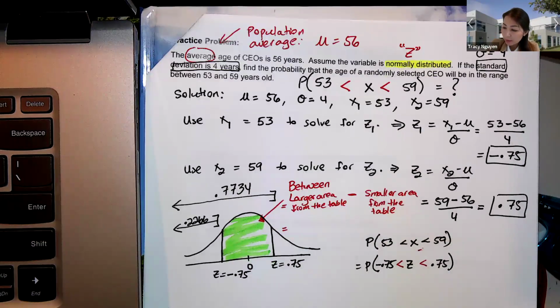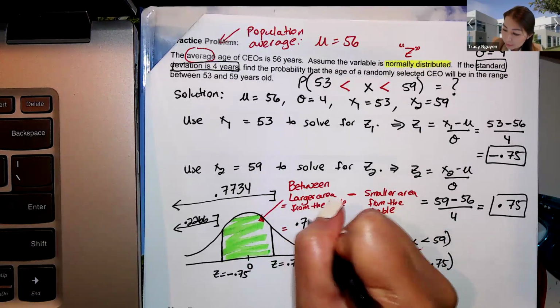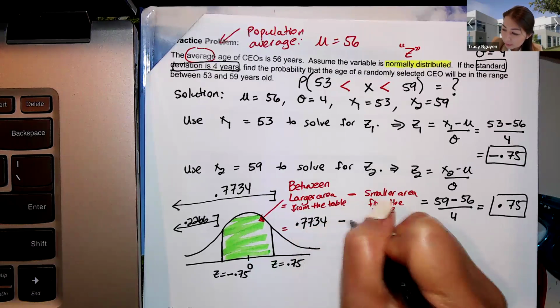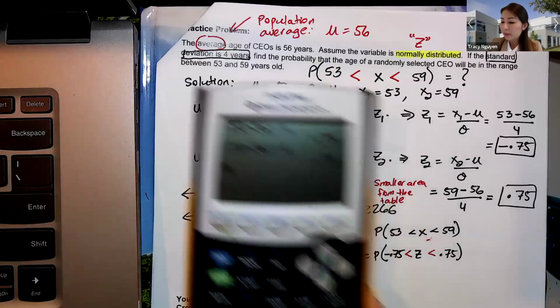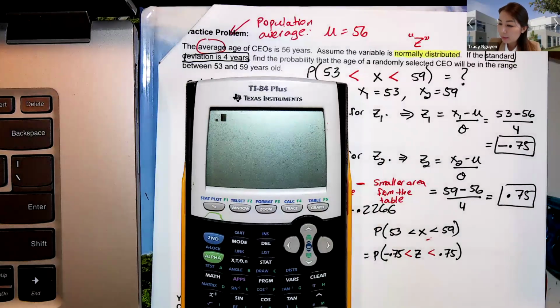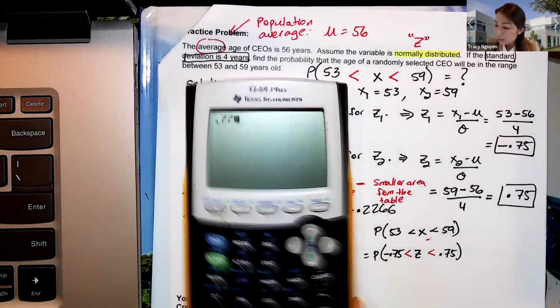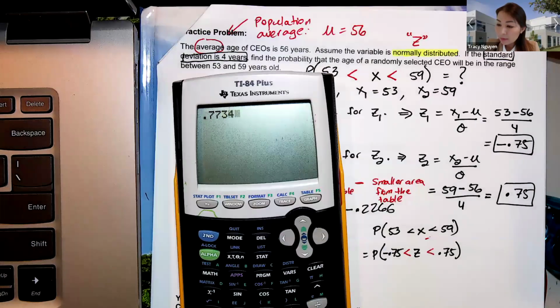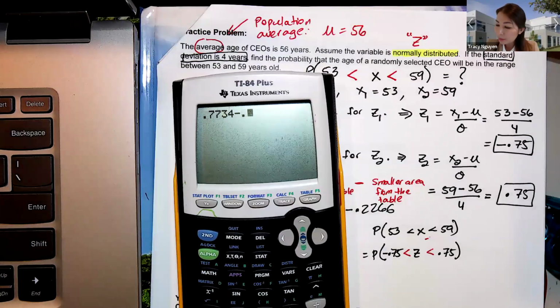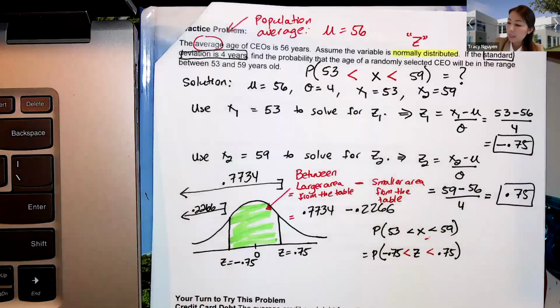Let me get to black pen. 0.7734 minus 0.2266. And let's find out what we get for the result here. So 0.7734 minus 0.2266, which we get 0.5468.